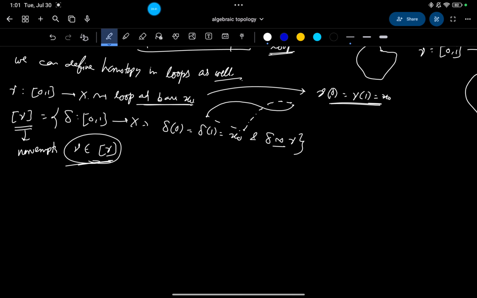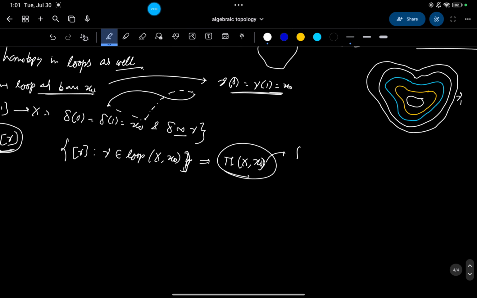The collection of all such loops which are based at x0, we denote as pi of X, x0.